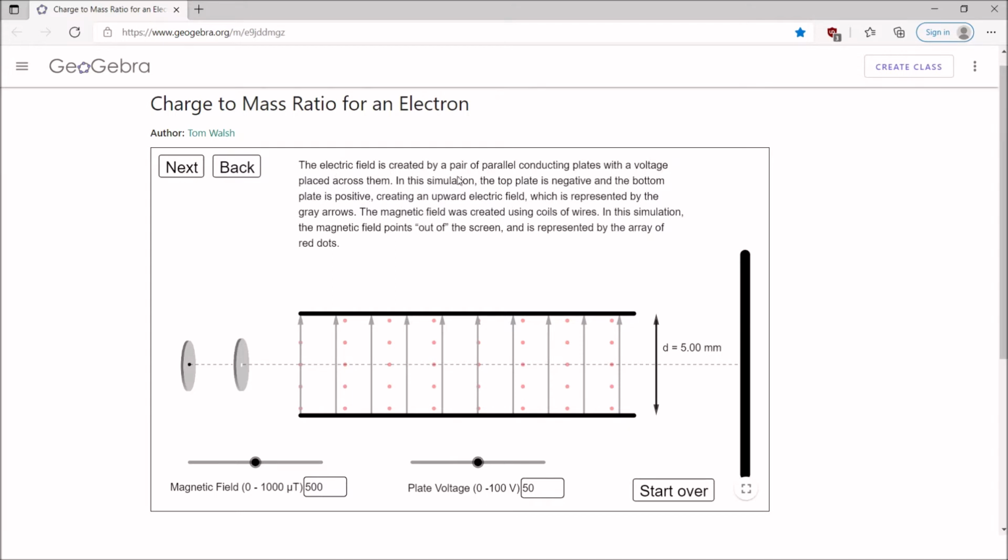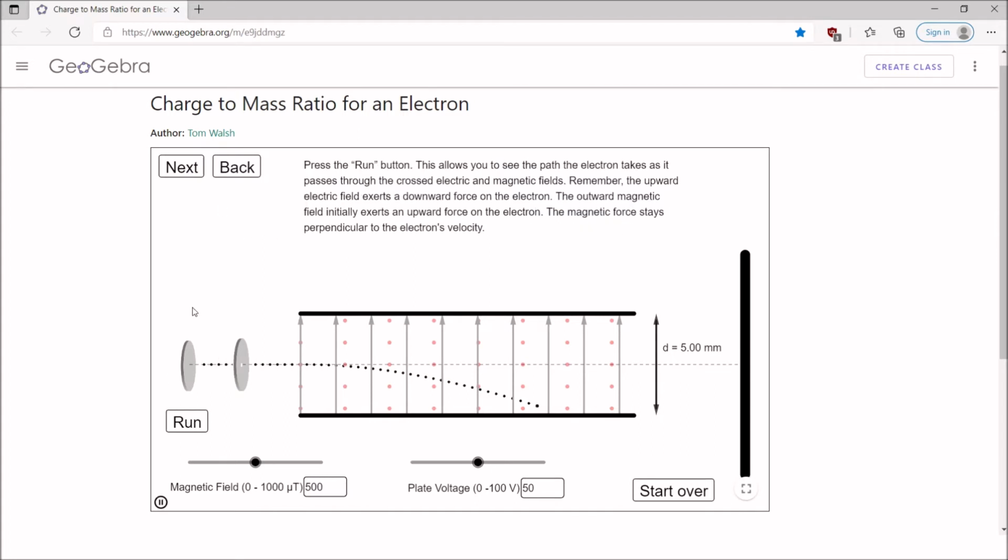The electric field is created by a pair of charge conducting plates, so electricity is going to these two sides to make one positive, one negative. What we can actually work out is, already it goes from down here to up here, so that would imply that this plate is the positive plate, this plate is the negative plate. Okay, so let's try and run it through, and we see that the electron kind of bends down like that.